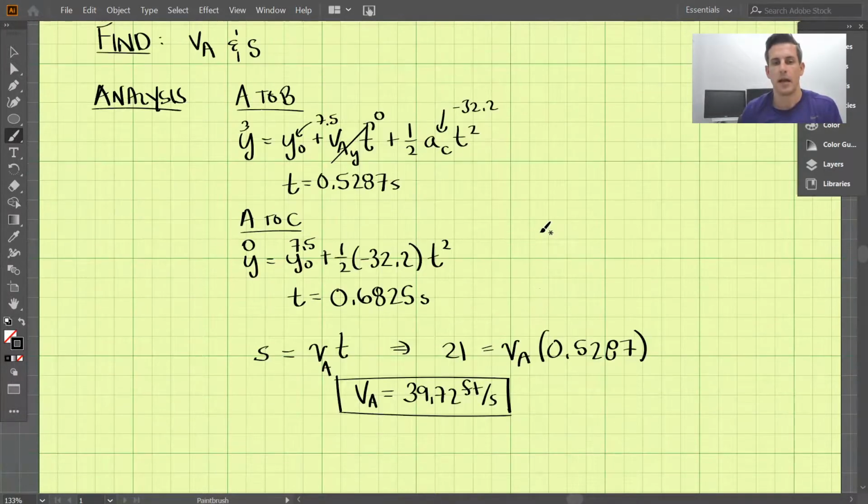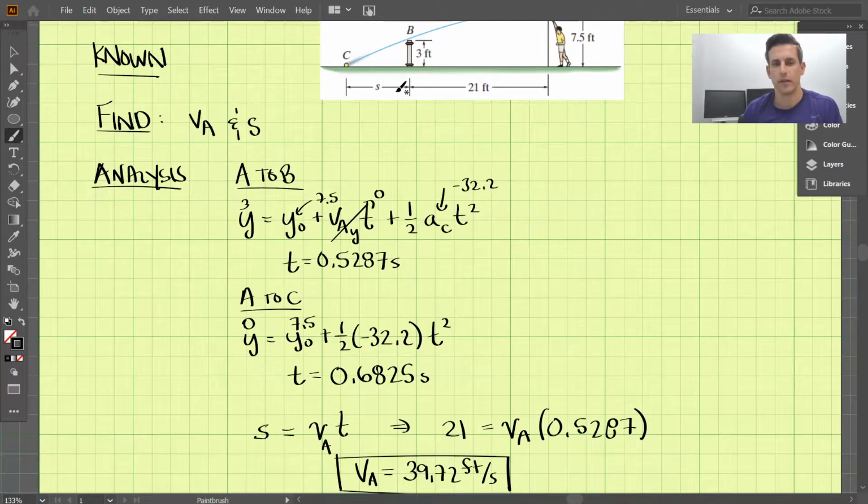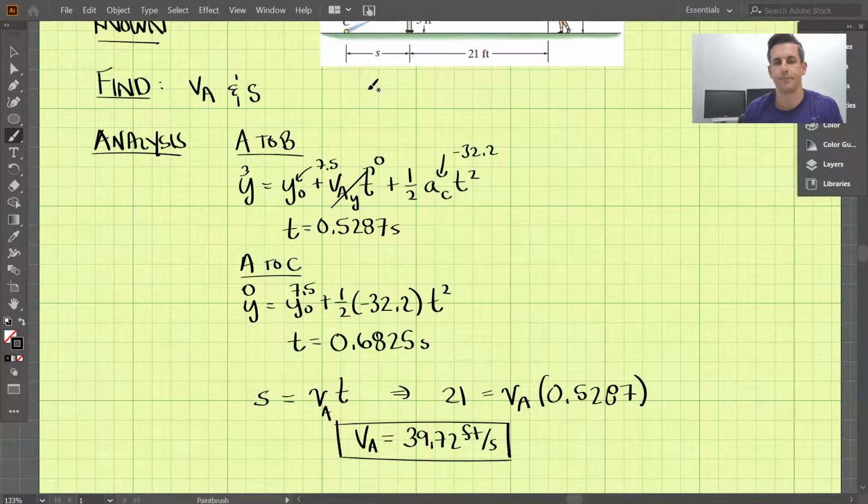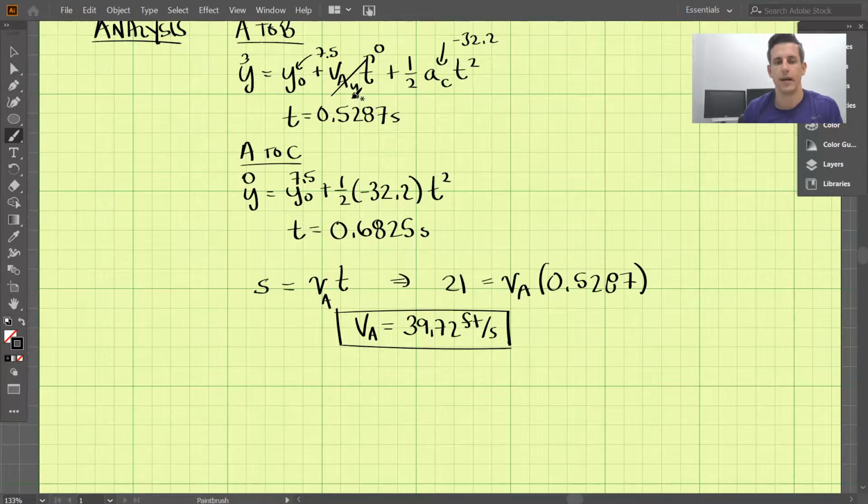Okay, and the next thing we're trying to find is S, the distance here. Well, if we know the difference in times between going over the net and touching the ground, then we can figure out the distance that it travels. So we'll use the same equation, S equals vt, and we know the velocity of 39.72.